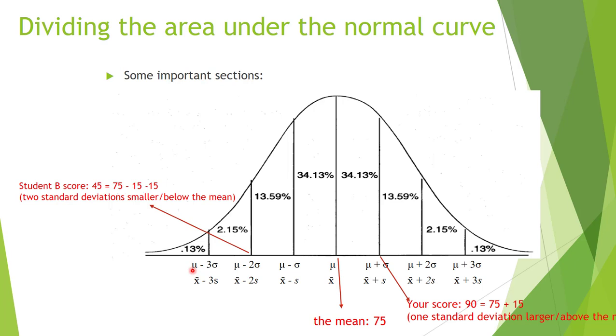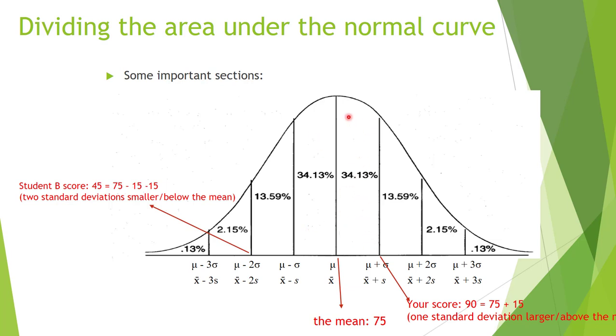And then one good thing of having these points here: the mean, 1 standard deviation above, 2 standard deviations above, 3 standard deviations above, 1 standard deviation below, 2 standard deviations below, 3 standard deviations below. We can cut the area underneath the curve into different sections or different parts.